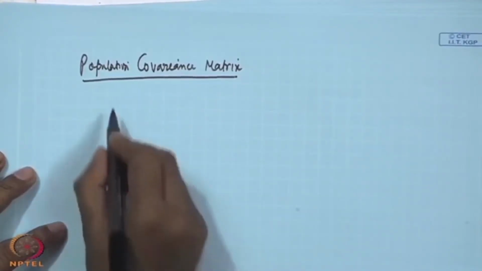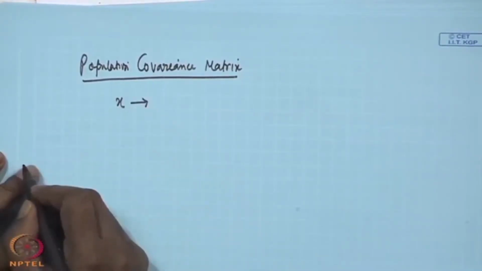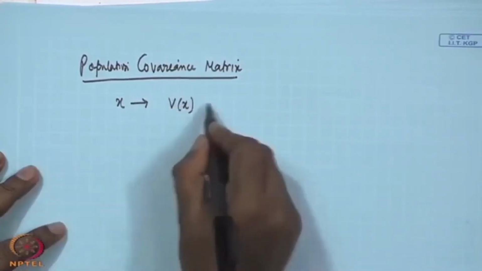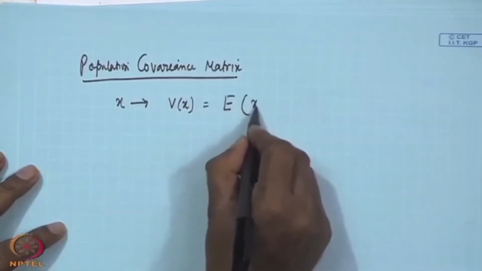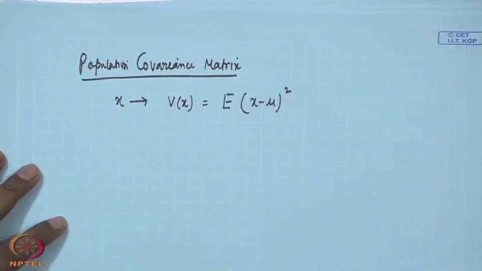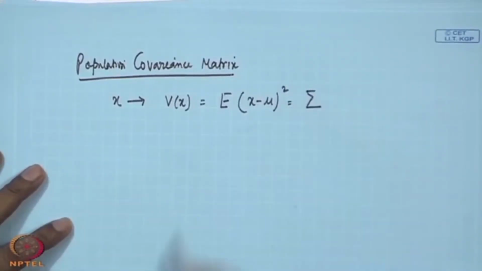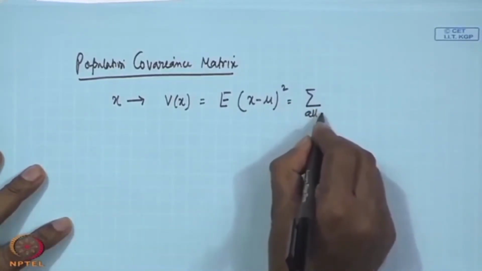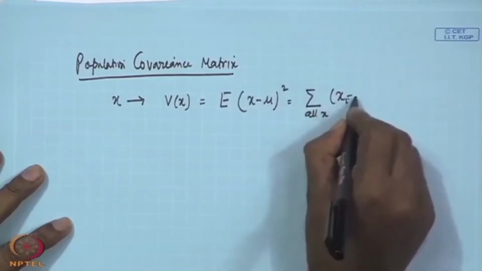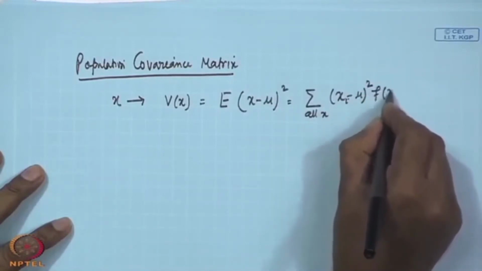If I say my x is a random variable, the univariate case, and I ask you what is the variance of x, you will say it is the expected value of (x minus mu) square. Yes or no? And you have also seen for the discrete case the sum over all x of (x_i minus mu) square f(x_i).